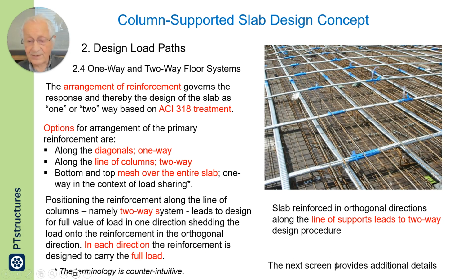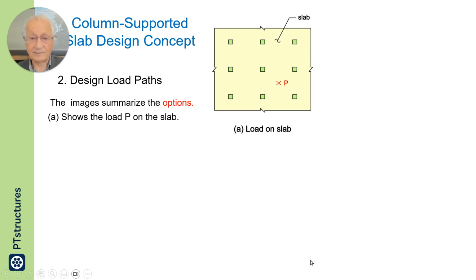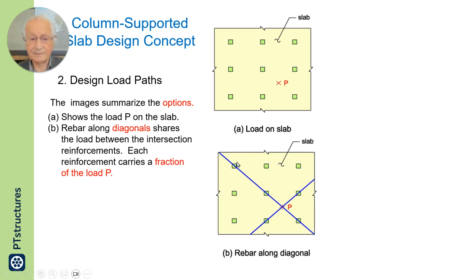Now, the next screen provides additional explanation. Here we have a column-supported slab with a load shown here. The rebar can be placed along the diagonal. It shares the load between the intersecting members.